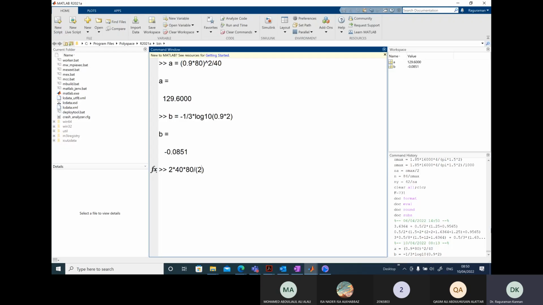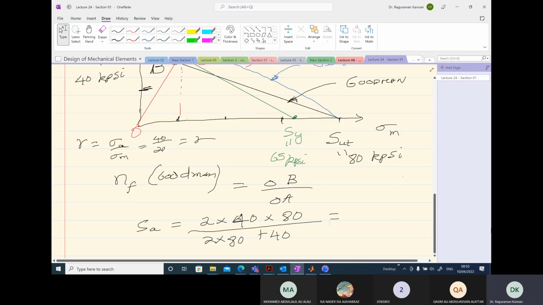We get 32. Okay, SA value is 32 kpsi, the intersection point corresponding to point B.